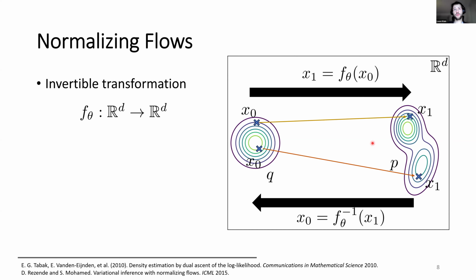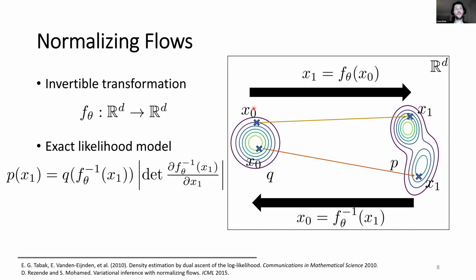Then, as I showed before, we can transform the samples via the transformation. And importantly, we can also evaluate the probability of generated samples under the model, and also the probability of any samples under the model.